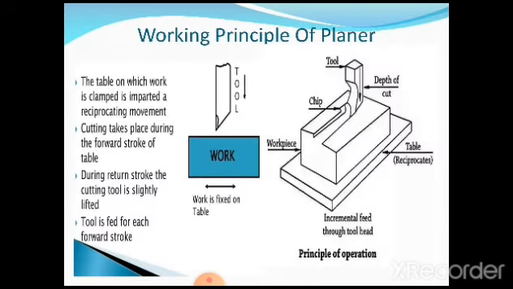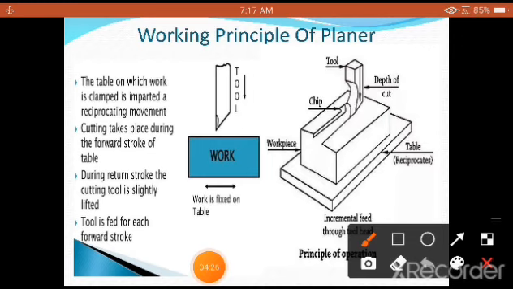Now, as you can see clearly here on the screen, this is the structure of the working principle we are discussing. We have discussed that the workpiece along with the table is made to move and the cutting tool is stationary.